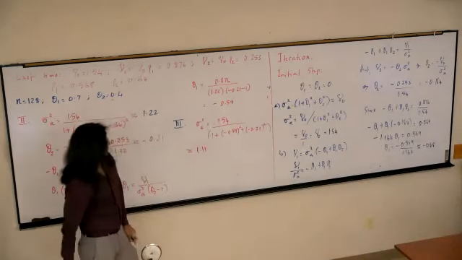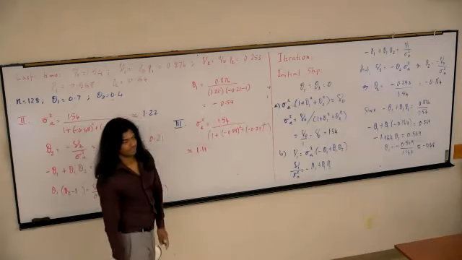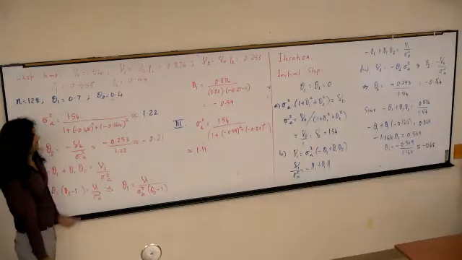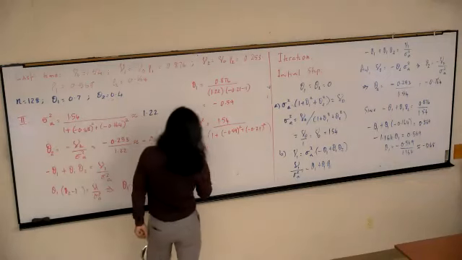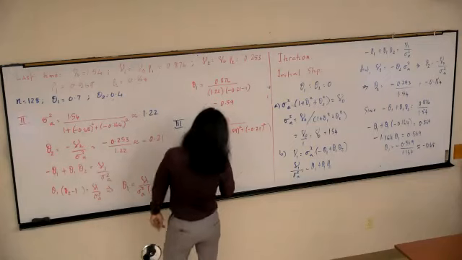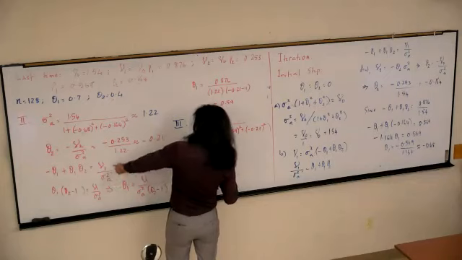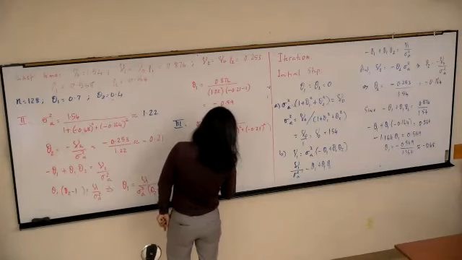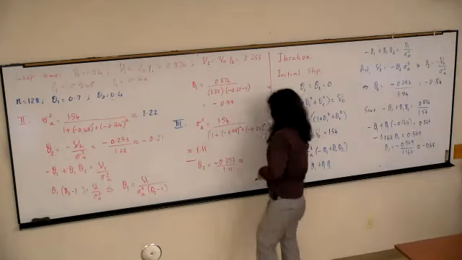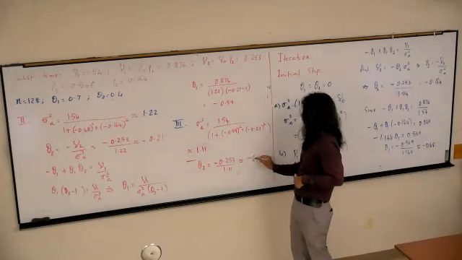What is the next item to compute? Theta 2. Negative 0.253 divided by 1.11 this time. And what do we get? 0.23.